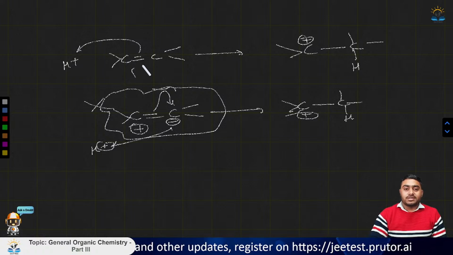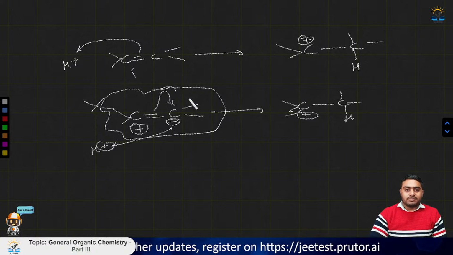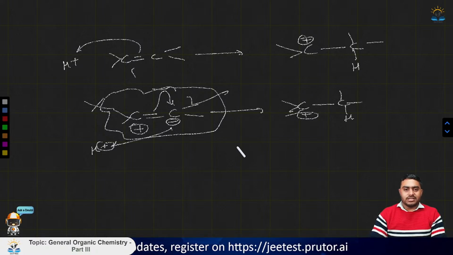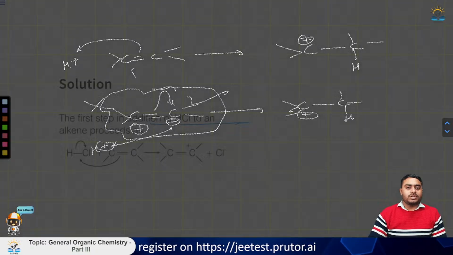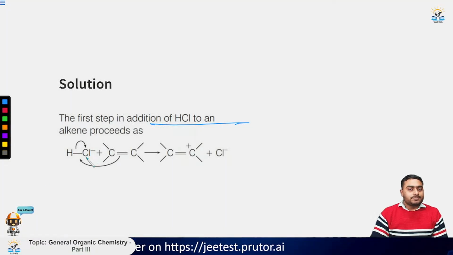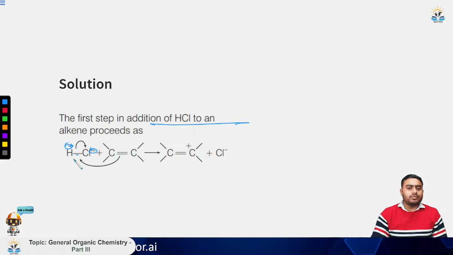Never show it the other way. I hope this is clear. So you can see the first step. What is the answer? First of all, HCl breaks, so Cl gets a negative charge and H gets a positive charge, and then the double bond attacks this H positive, this bond becomes single, and hydrogen gets attached here.